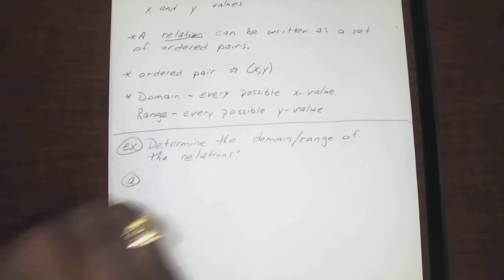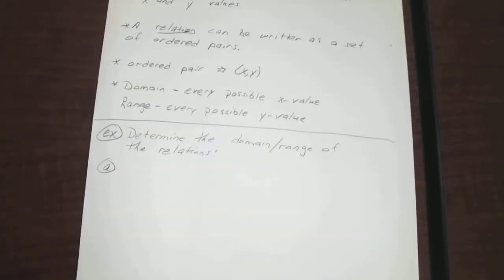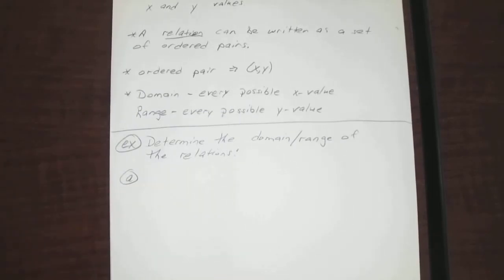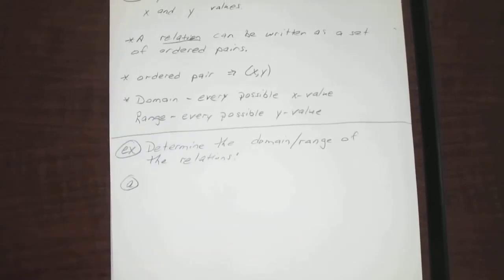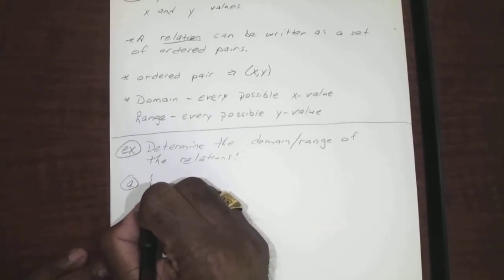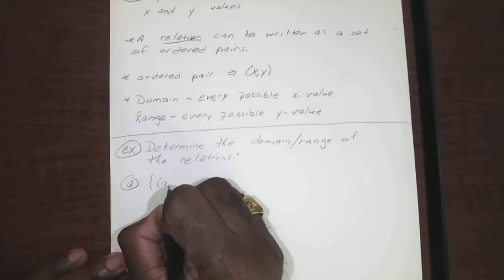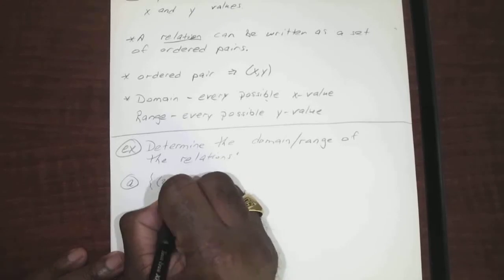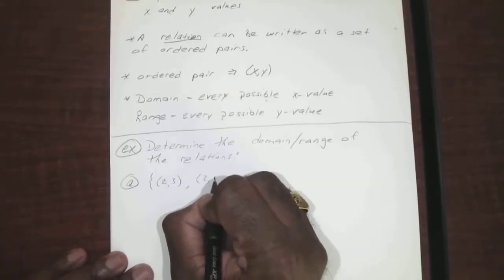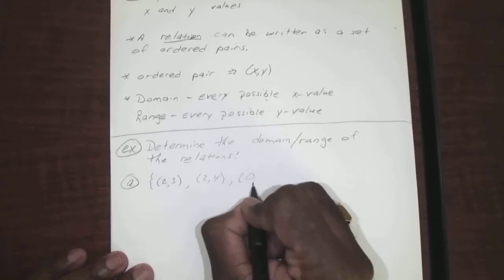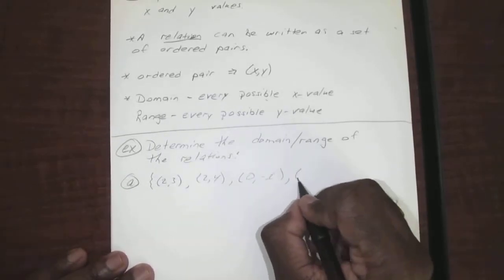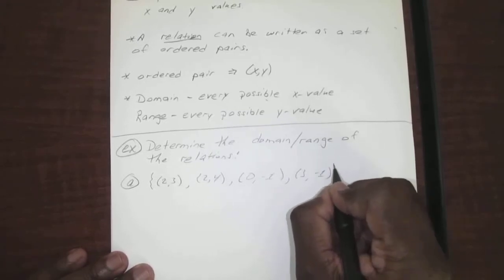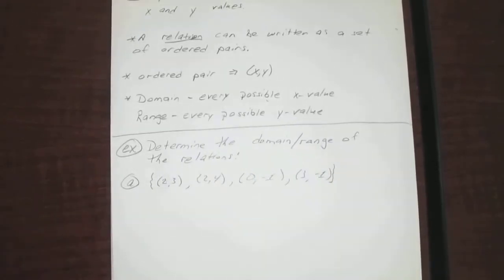Let's say for problem A, you have the ordered pairs (2, 3), (2, 4), (0, -1), (3, -1). Okay, so that's just a set of different ordered pairs.